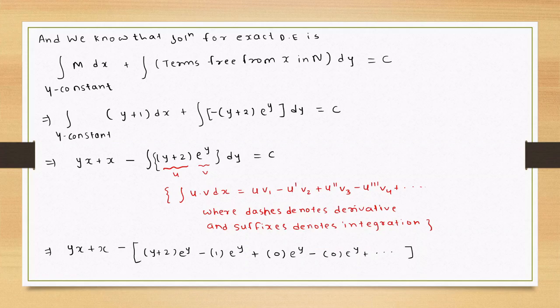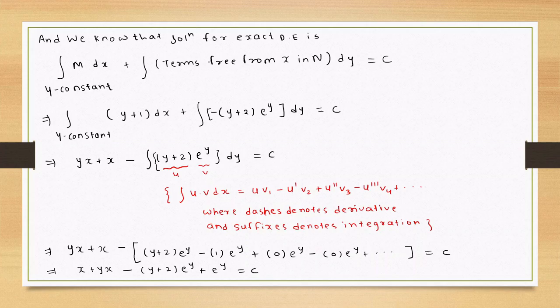Right? Because after some terms the derivative of u is 0, all terms will vanish after this. So this is equal to c. So we can write it as xy plus x minus (y plus 2) e raised to y plus e raised to y is equal to c. Right? Okay.